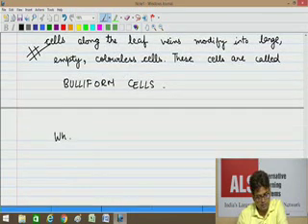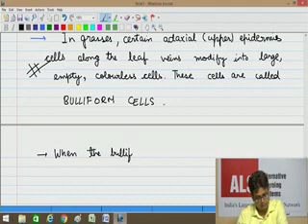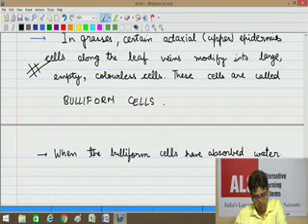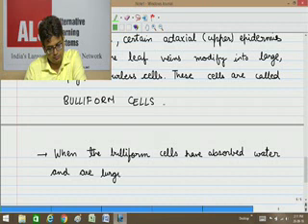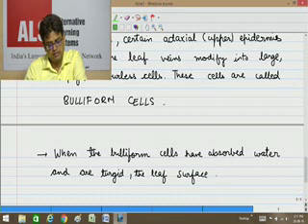When the bulliform cells have absorbed water and are turgid, the leaf surface is exposed. And when they lose water, the leaf surface will curl up.